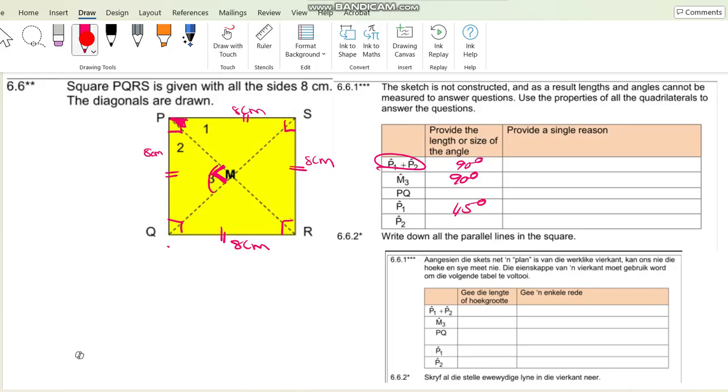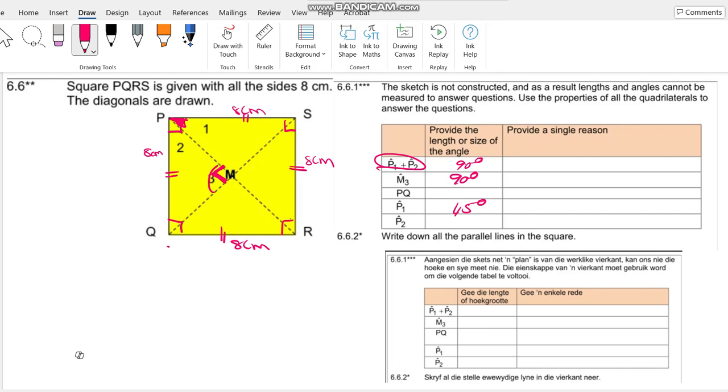And why would that be? Because the diagonals of squares bisect the vertex angle. In Afrikaans, diagonale lyne halveer die hoek.